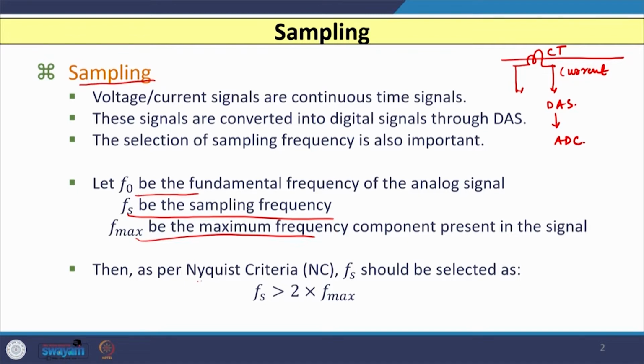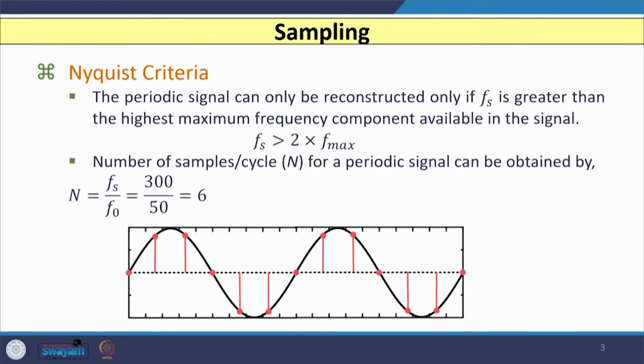Then as per the Nyquist criteria, the sampling frequency of the acquired signal should always be greater than 2 times the maximum frequency component present in the acquired signal. A periodic signal can be reconstructed only and only if the sampling frequency is greater than 2 times the highest frequency component present in the signal.